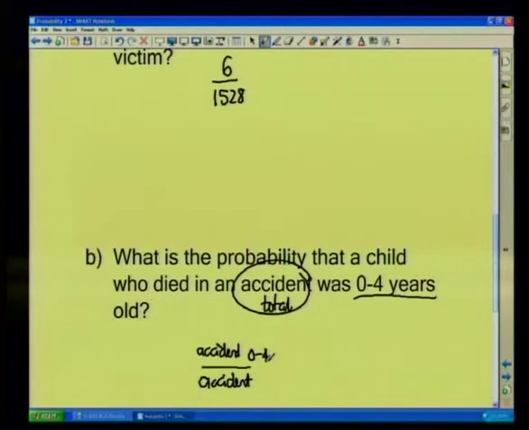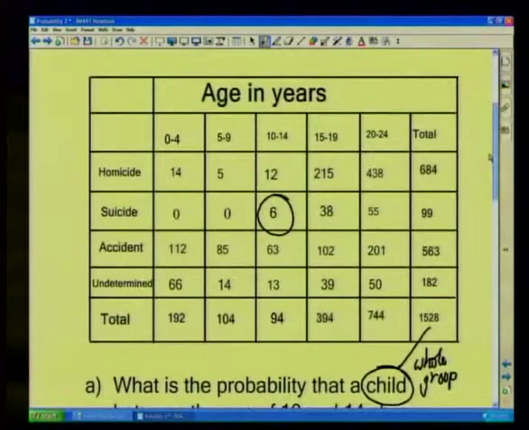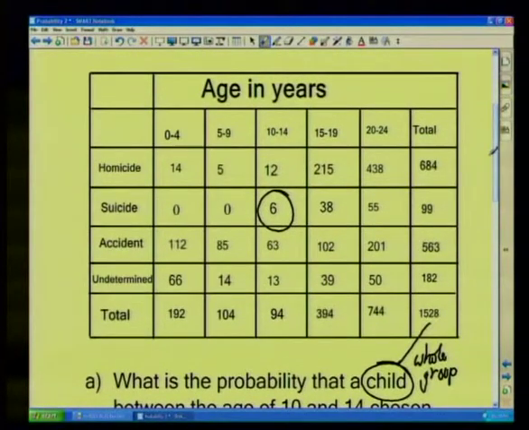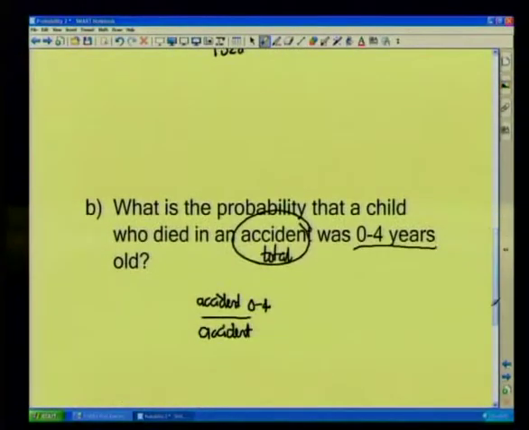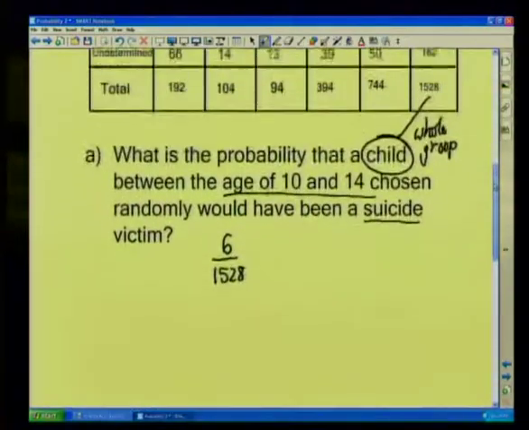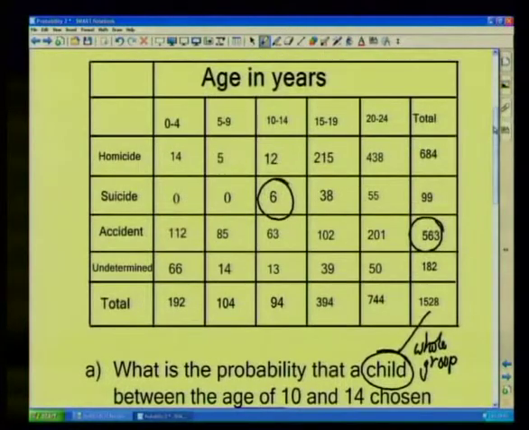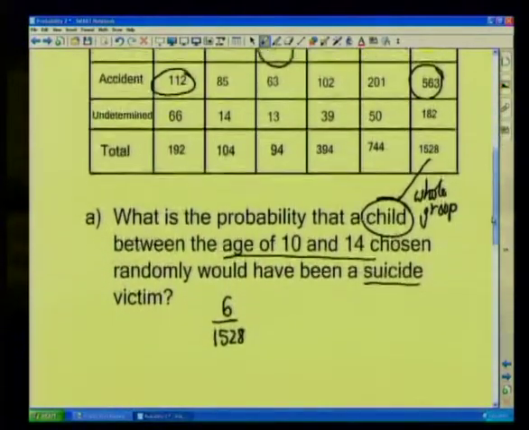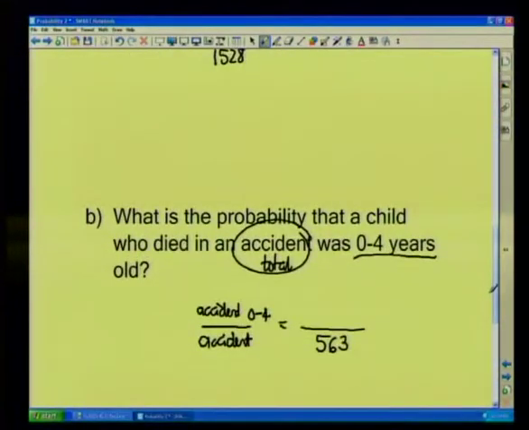So let's have a look. Where is that information? Let's look and see how many people altogether were killed in accidents. Was 563 people killed in an accident. So that needs to be my bottom number, 563. And how many of those 563 people were between the age of 0 and 4? And you can see that 112 of them were between 0 and 4, 112.